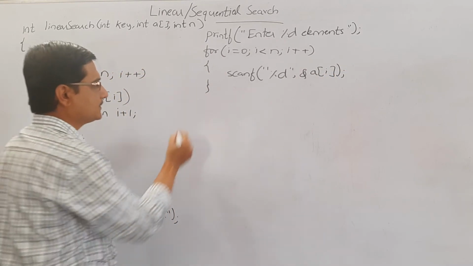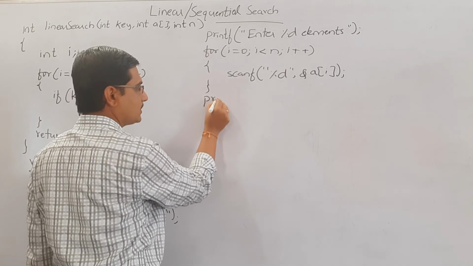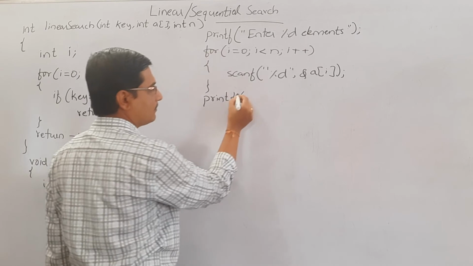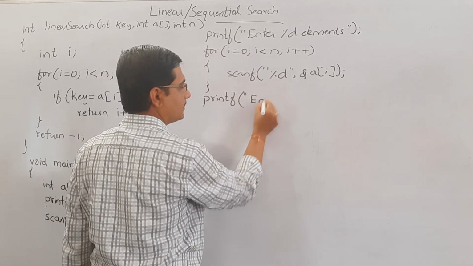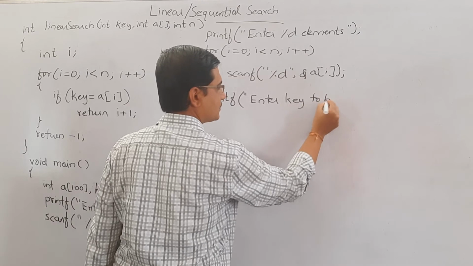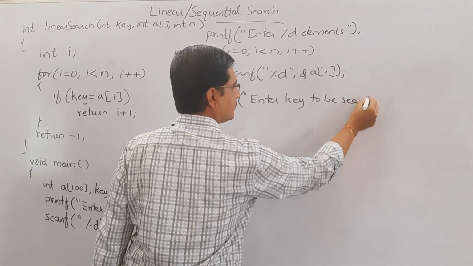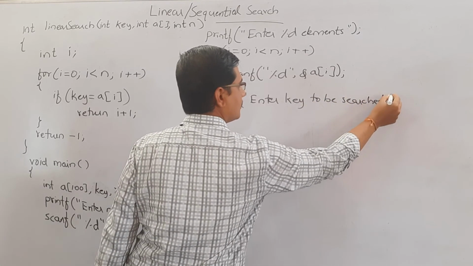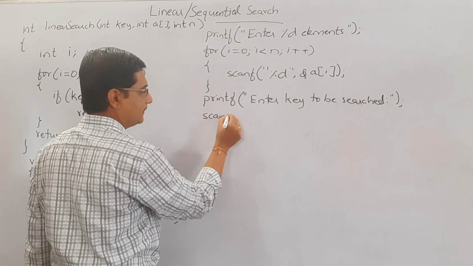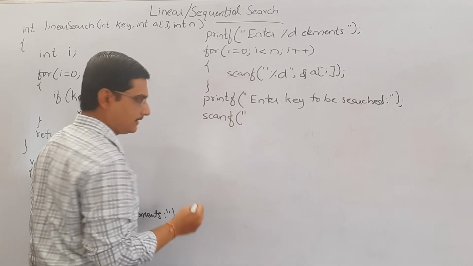Once we have read this, we need to ask the user which key they want to search in the array. So, enter key to be searched. Read that key in the variable key.